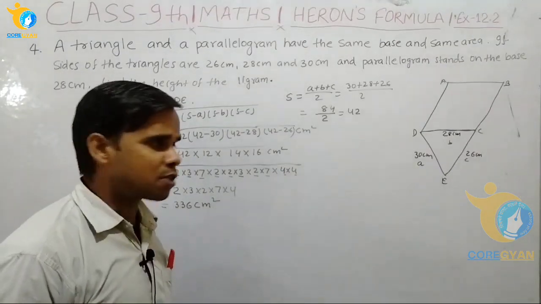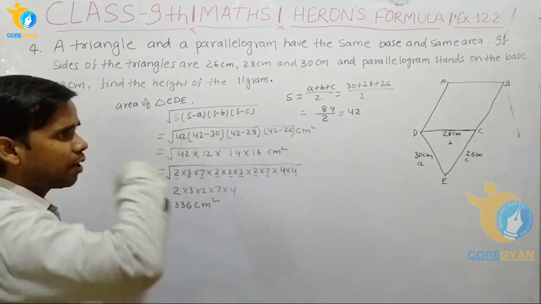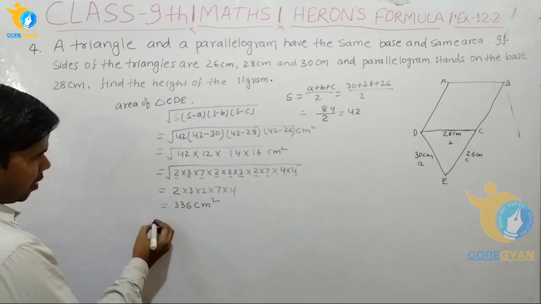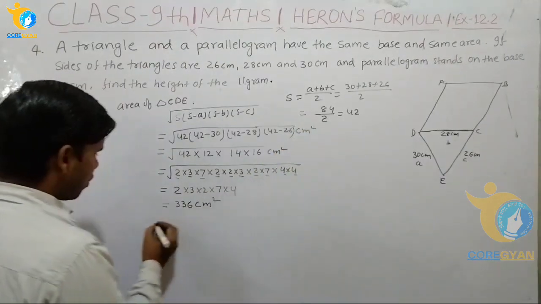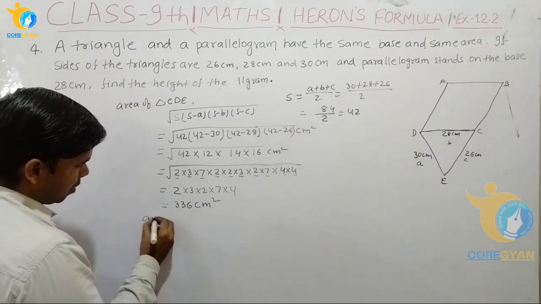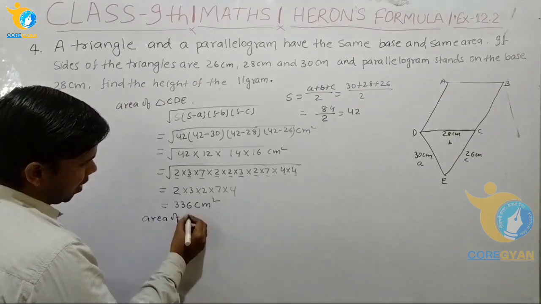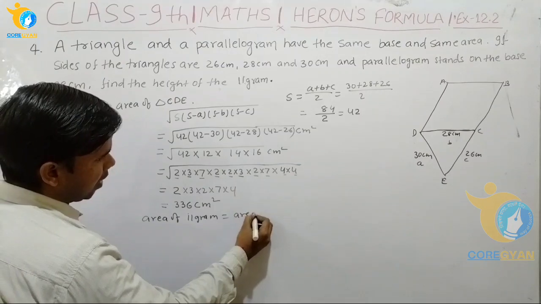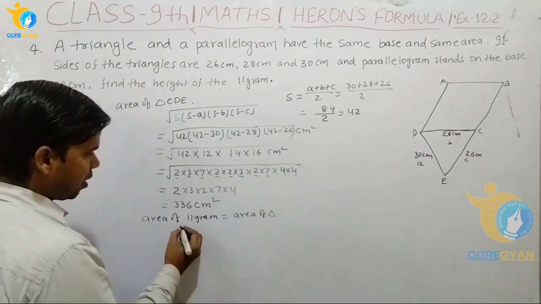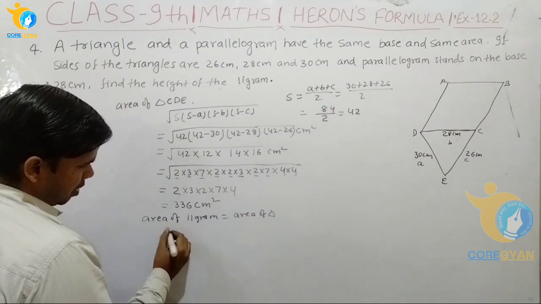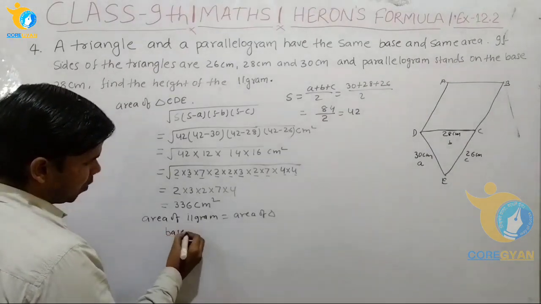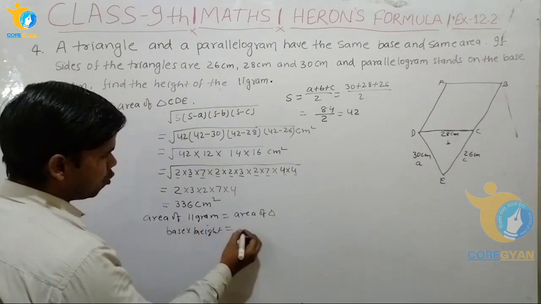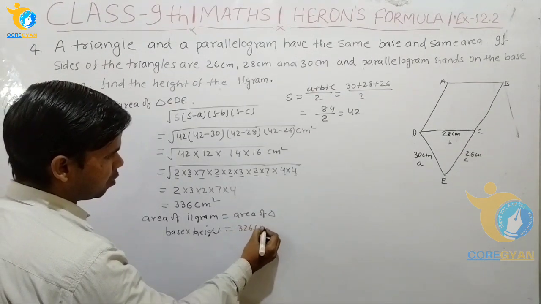Then according to the question, area of triangle is equal to area of parallelogram. So we know that area of parallelogram is base into height, and it is equal to 336 centimeter square.